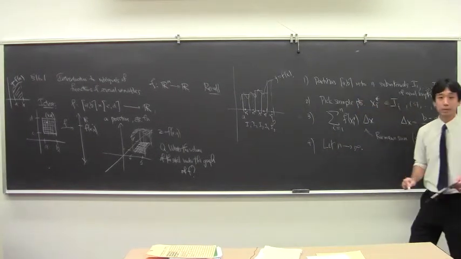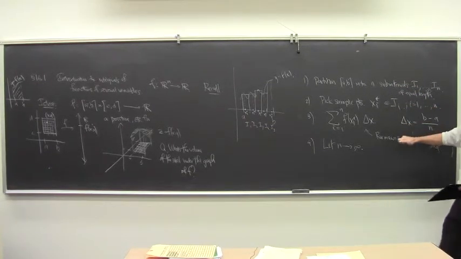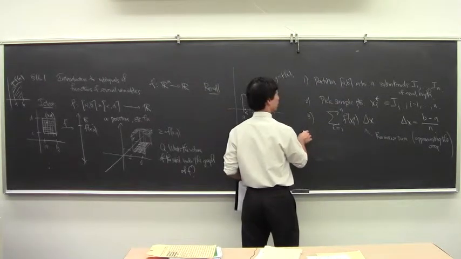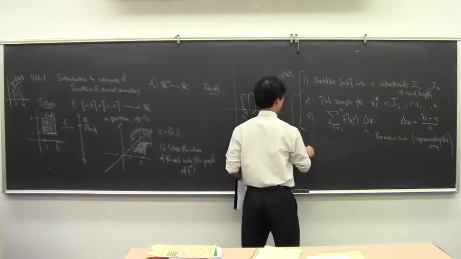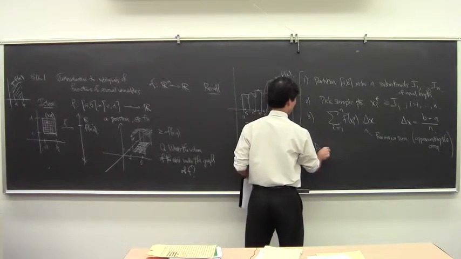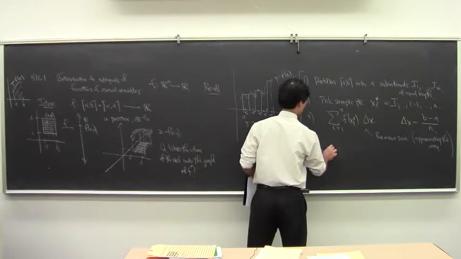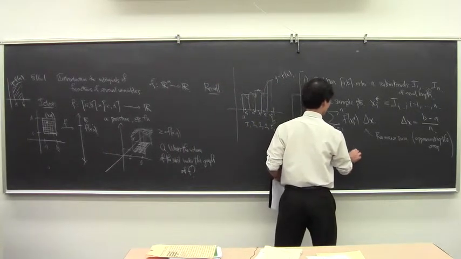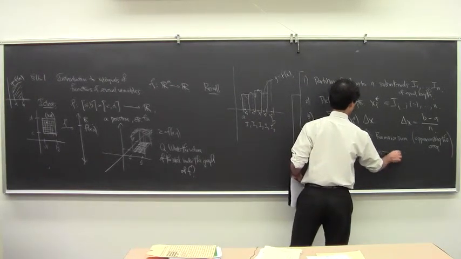Okay, so you basically do this repeatedly as n goes to infinity. So take the limit of such sums as n goes to infinity.